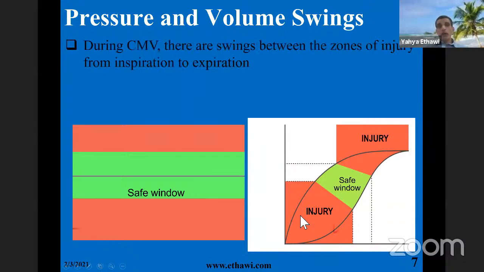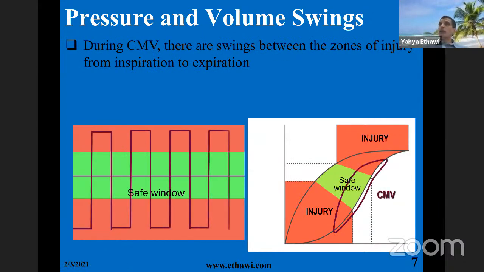Now when the ventilator gives ventilation in conventional ventilation, the ventilator will give the PIP up and down, above and below the safe zone, which is this light color.